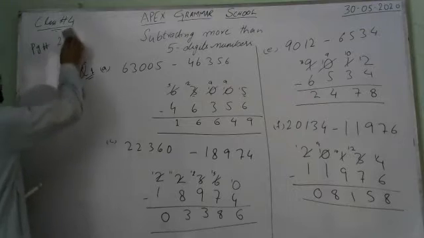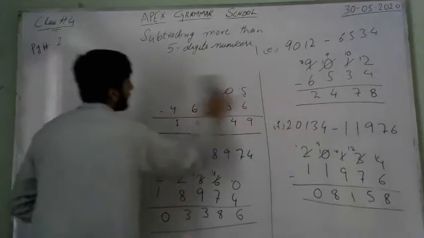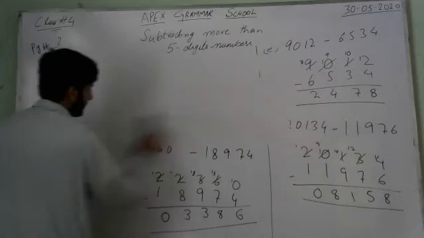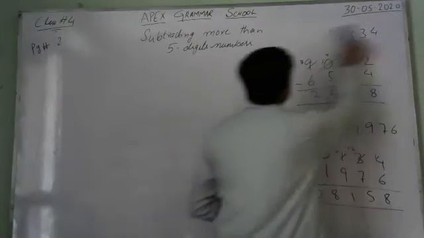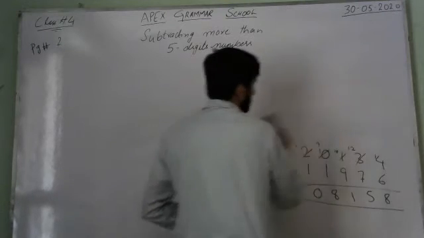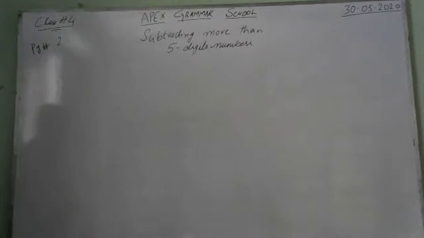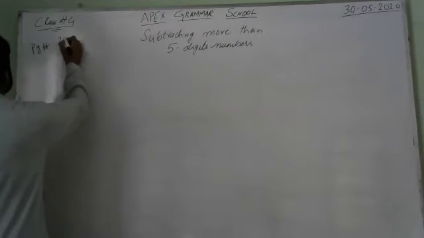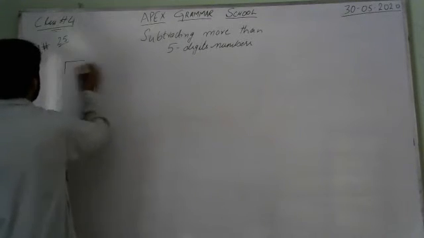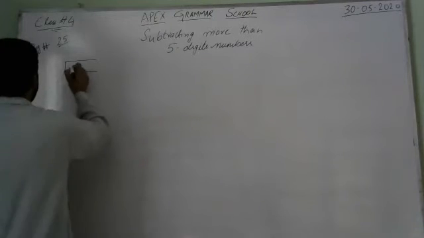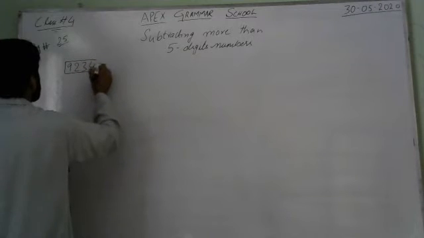Now moving on to page number 25. Some numbers are given. First number is 92340.